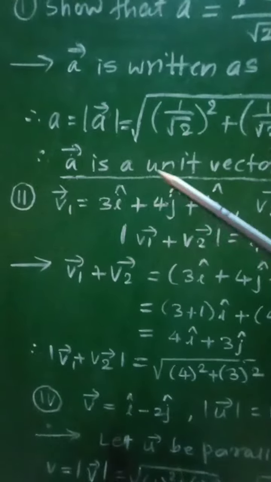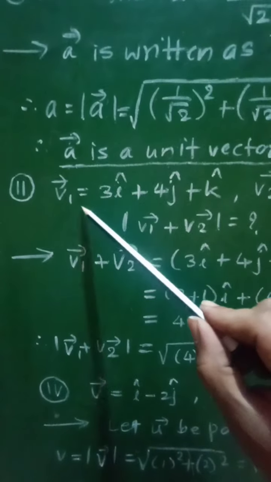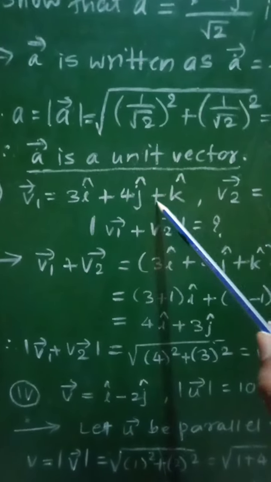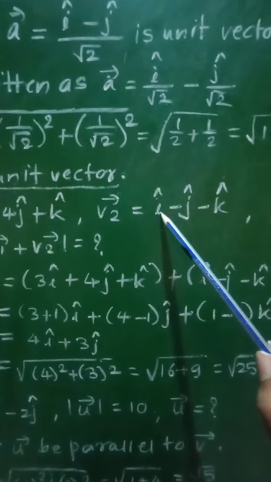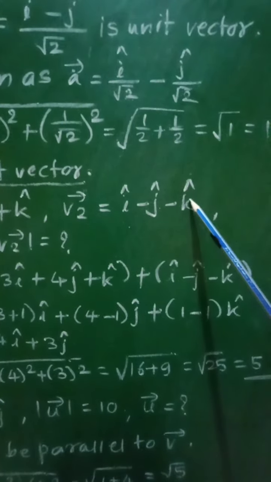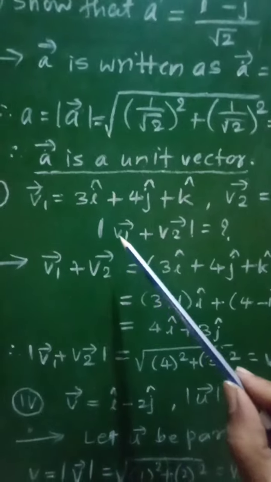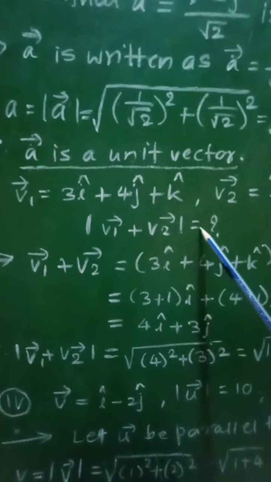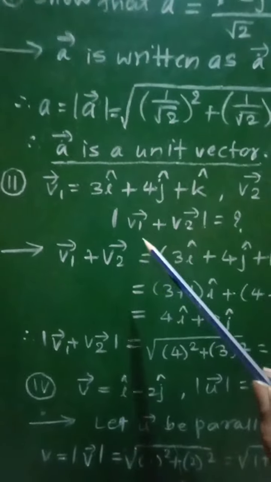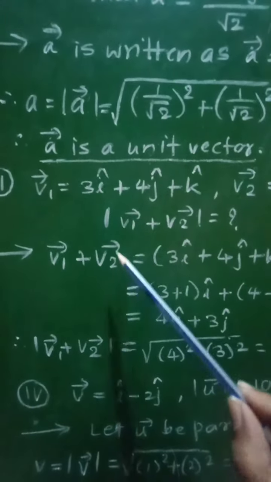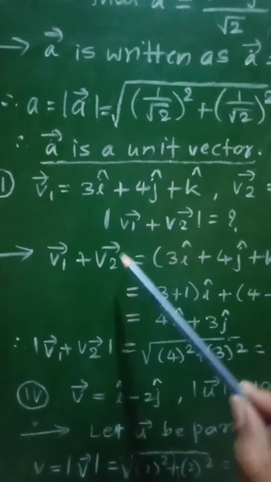For this numerical, the given data is vector phi1 equal to 3i cap plus 4j cap plus k cap, and vector phi2 equal to i cap minus j cap minus k cap. We have to find out the magnitude of vector phi1 plus vector phi2. Therefore, first of all, we will find the addition of these two vectors.